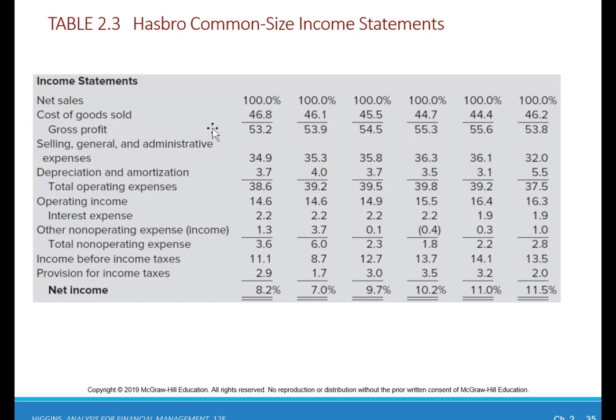Here we were looking at cost of goods sold. You can see that annually it's in the ballpark of 45-46%, which is the average cost of producing products. If you look at total operating expenses, let's go to operating income because that's another profit number.